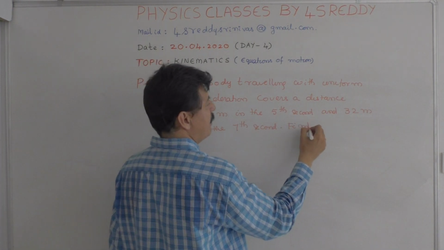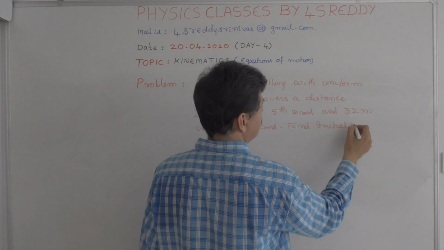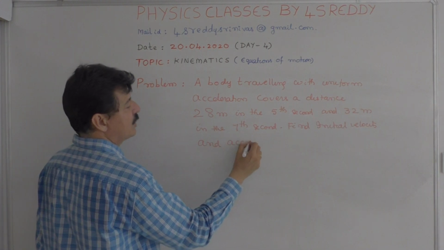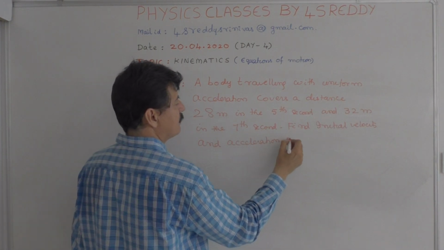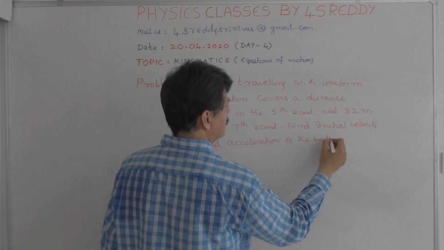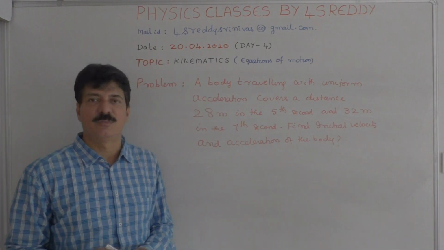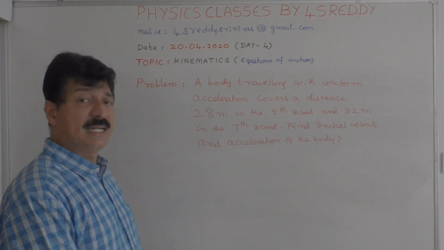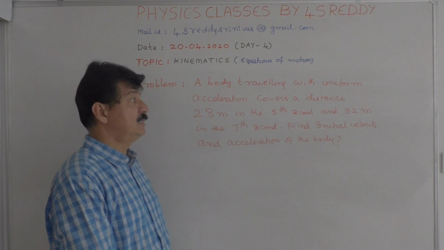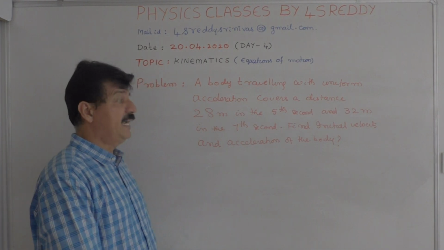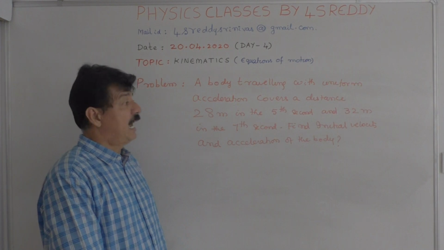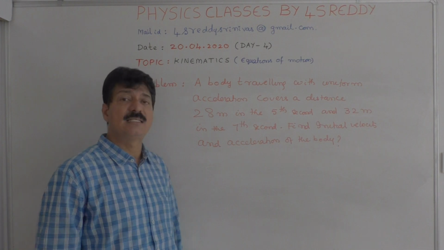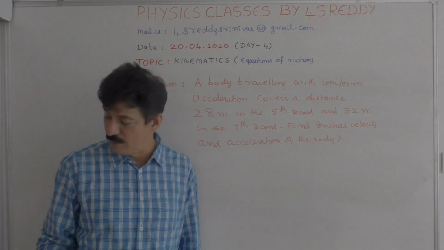Find the initial velocity and acceleration of the body. Find the initial velocity and acceleration of the body. Is the question clear here? A body traveling with uniform acceleration covers a distance of 28 meters in the 5th second and 32 meters in the 7th second. Find the initial velocity and acceleration of the body.